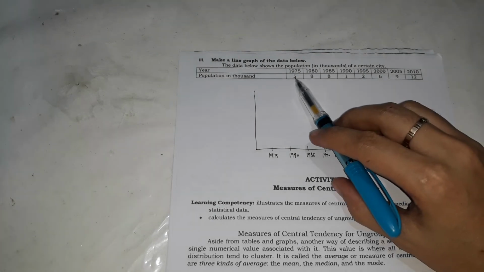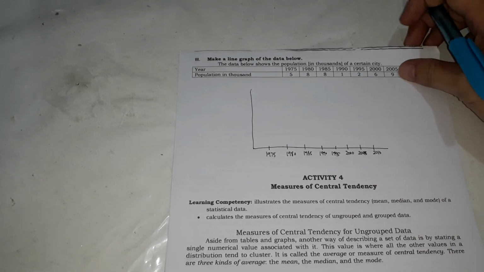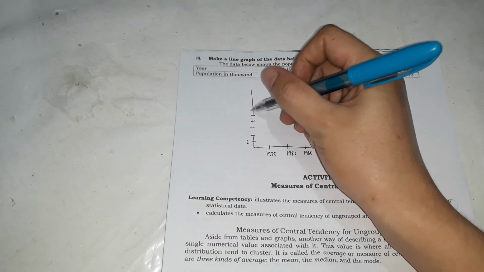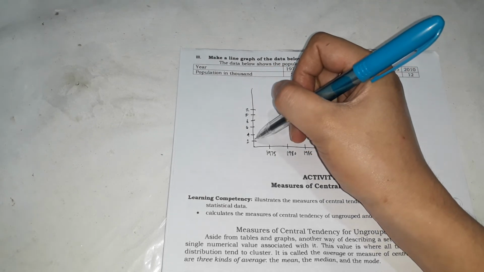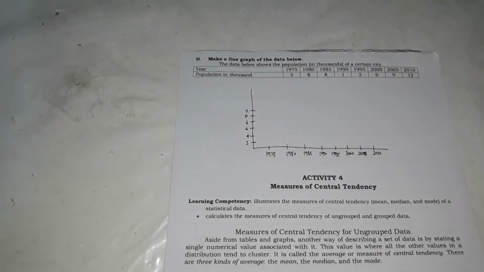So the frequency is 5, 8, 12. So we could have by 2. So 2, 4, 6, 8, 10, 12. You can even have it by 1, so mas mataas siya. But it's easier by 2 na lang.